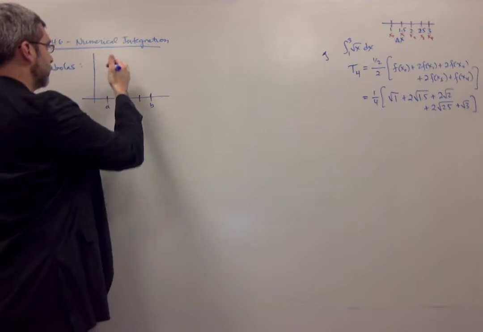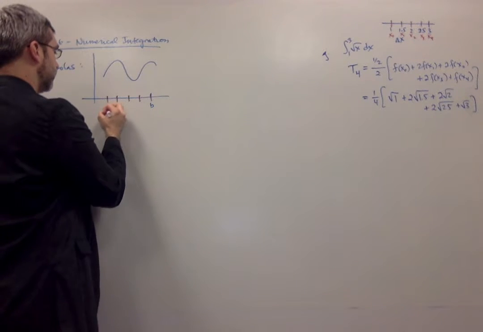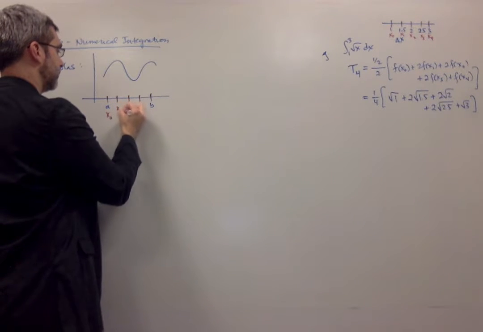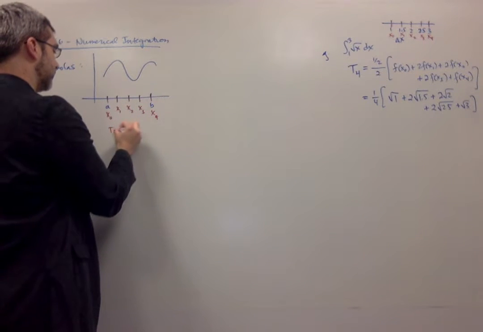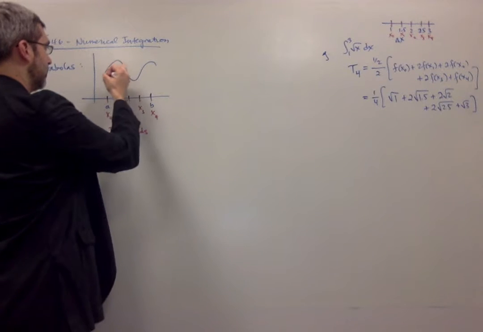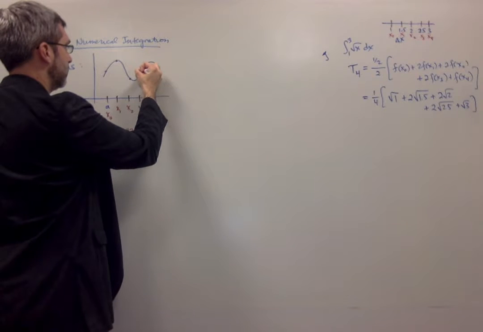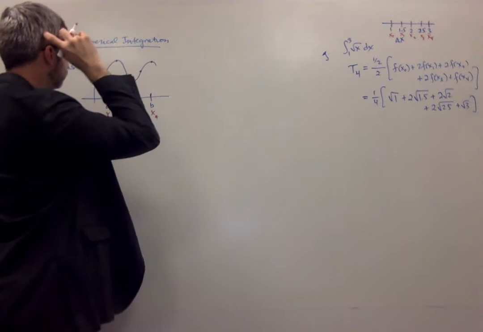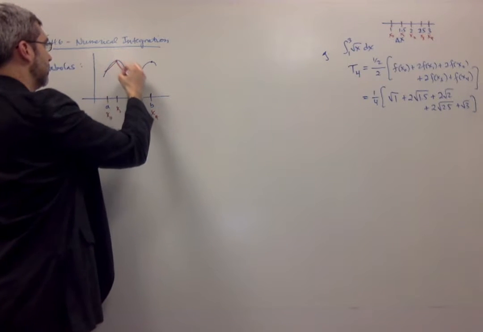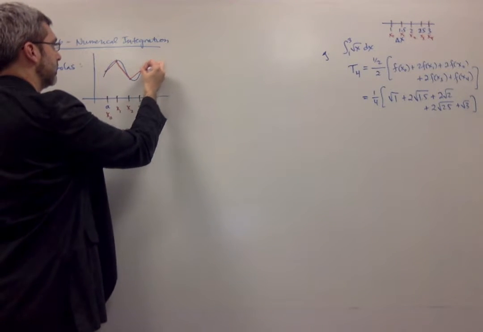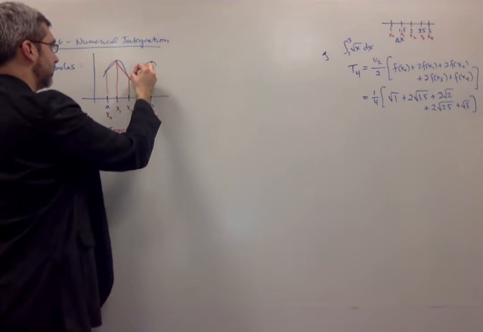Okay, if I had a function like this, and so here's x0, x1, x2, x3, x4. If this is with trapezoids, what I'm doing is approximating with straight lines, using my trapezoids there.